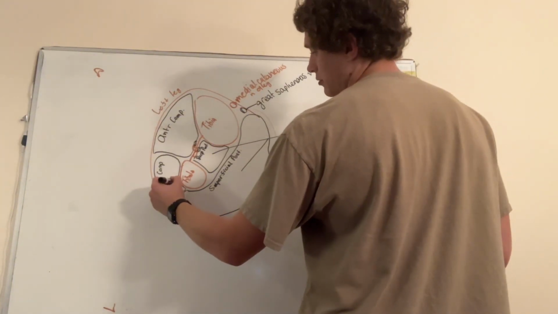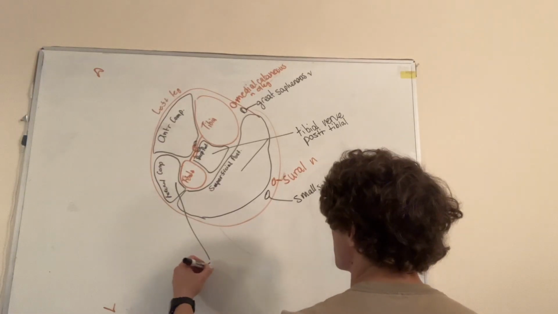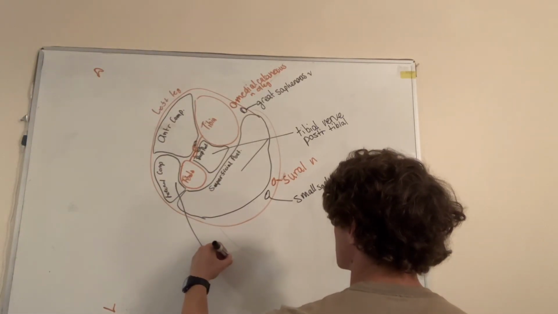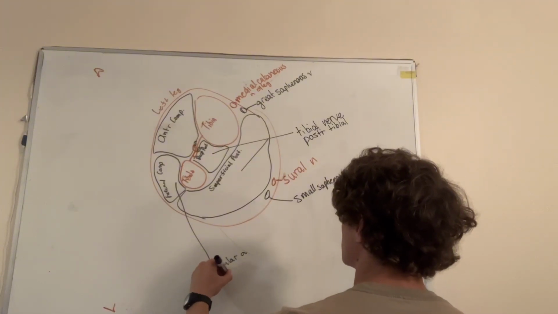The lateral compartment is supplied by the fibular artery and the superficial fibular nerve.